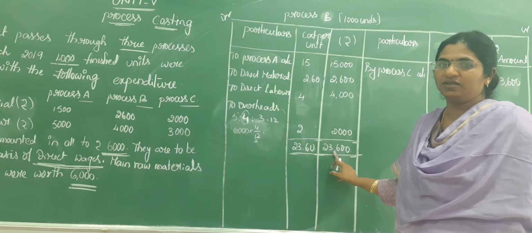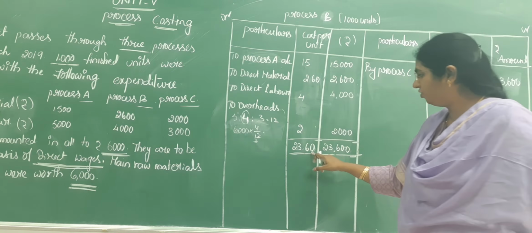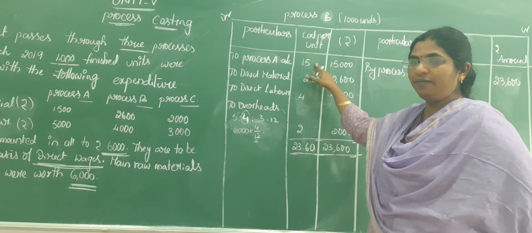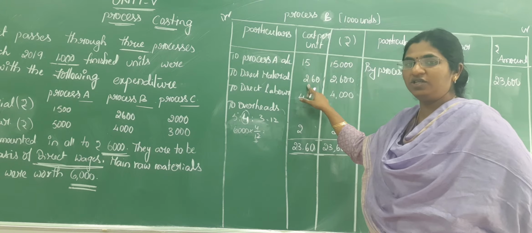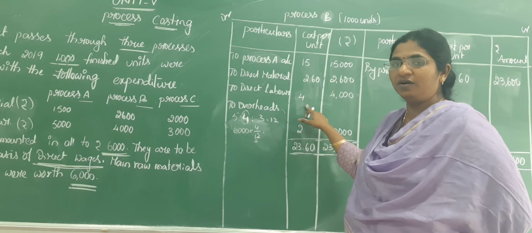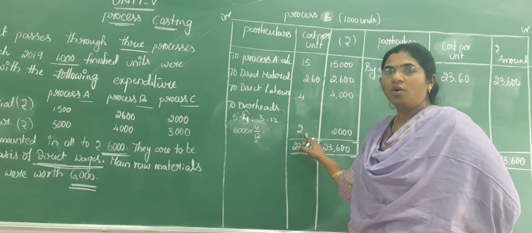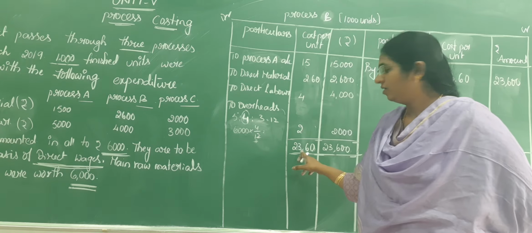And per unit cost of 1,000 units is 23 rupees 60 paisa. How? 15 rupees from processing, 2 rupees 60 paisa from raw materials, 4 rupees for direct labor and 2 rupees for overhead charges. So total it is 23 rupees 60 paisa.